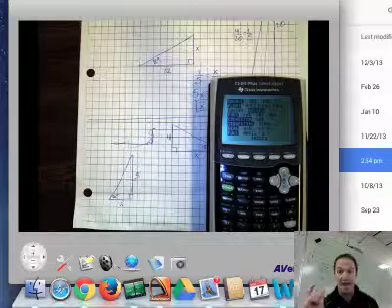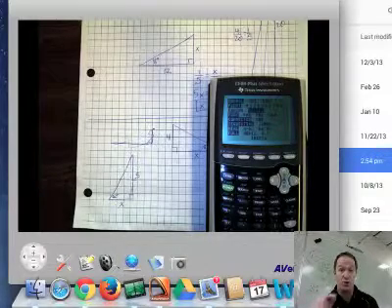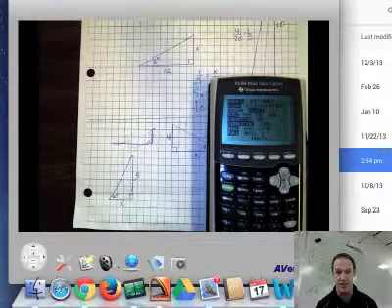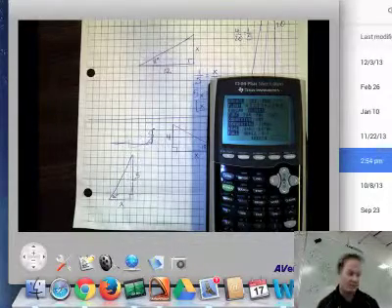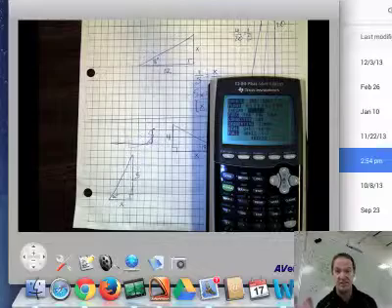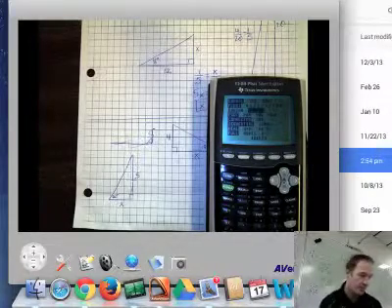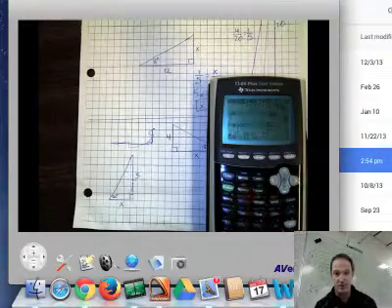If it says something like RAD, R-A-D, or G-R-A-D, you are in the wrong mode, and you need to figure out how to change it. Again, in that home screen, in a scientific calculator, you want it to either say DEG for degrees or nothing at all. So I'm going to go back to my home screen.